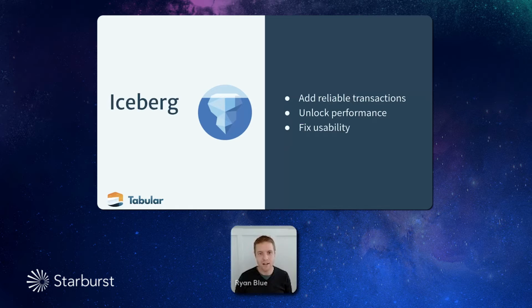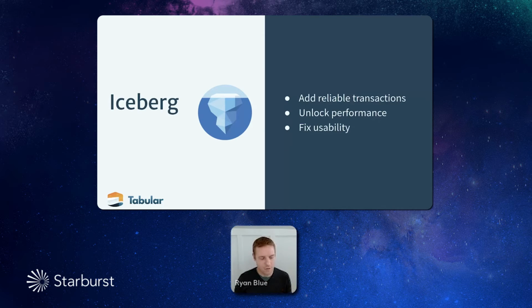And the last thing is fixing usability. This is things like being able to rename a column if you need to, without, I mean, some systems will actually fail and say, hey, you can't rename a column in this format. But most of the time it just allows you to, and then you have a new column with a different name, and you have to coalesce them together or otherwise go back and fix that issue.